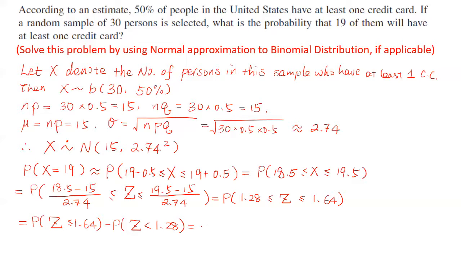And by looking up the standard normal table, two values are and then the final result is 0.0498. This is the probability you're looking for. Okay, any questions?